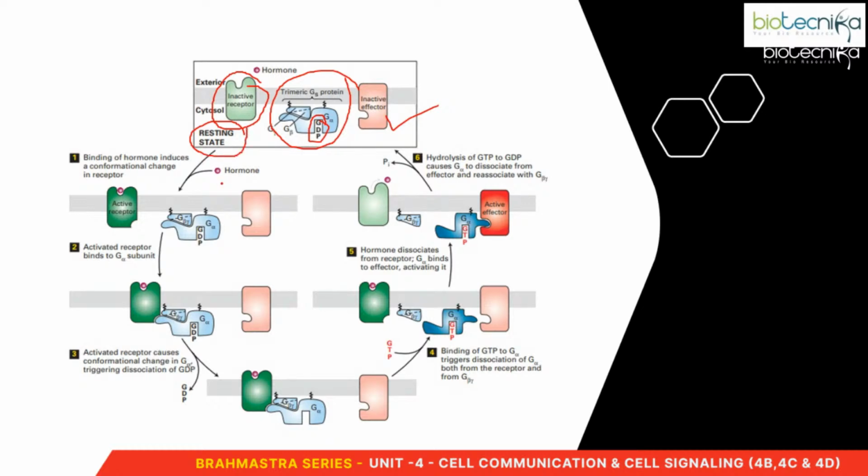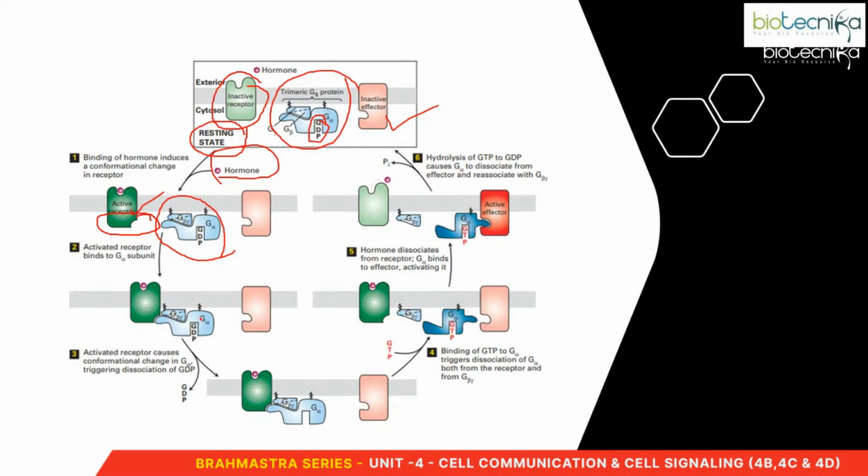Now, when a hormone binds to the corresponding receptor, a conformational change occurs. See the difference in the image. Because of this conformational change, it provides the binding site for G protein, so the G protein binds to the receptor.